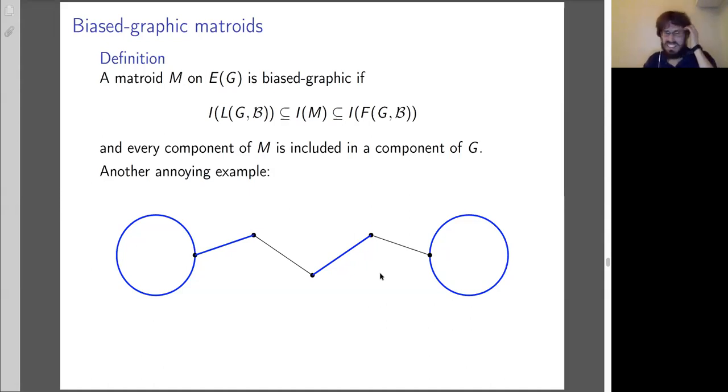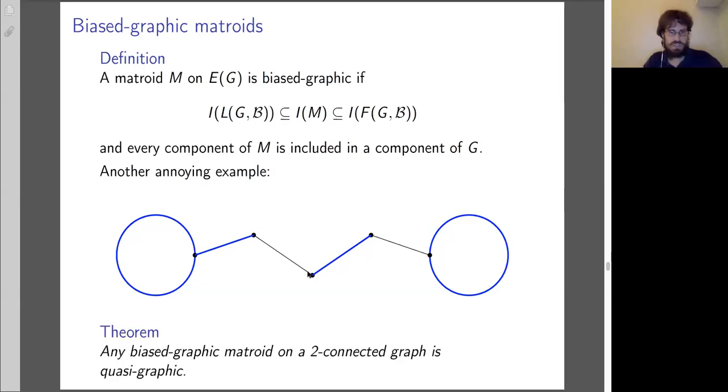But in fact, it turns out that these biased graphic matroids are nevertheless under very good control. And the reason is this theorem, that any biased graphic matroid on a 2-connected graph is necessarily quasi-graphic.